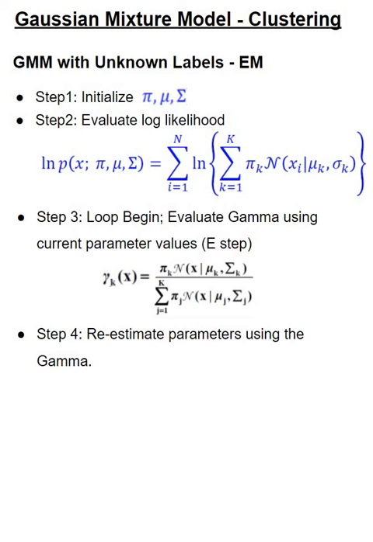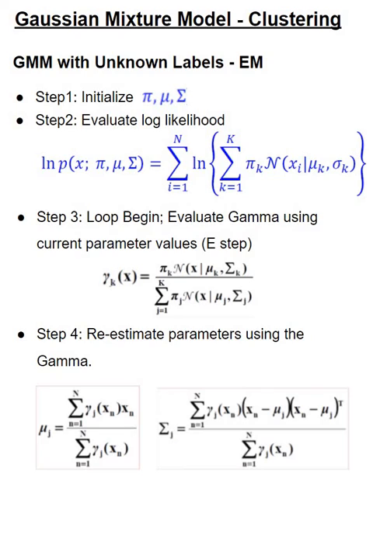Mu is the mean of data points with label j, weighted by the probability of the data point belonging to a cluster. The sigma of j is the variance of data points with label j, weighted by the probability that a data point belongs to a cluster. And pi of j is the count of data points with the label j.